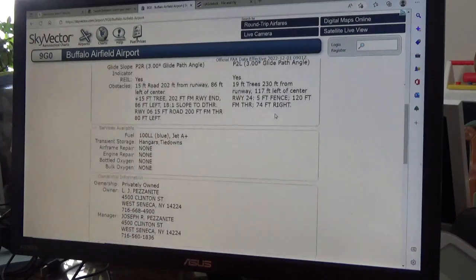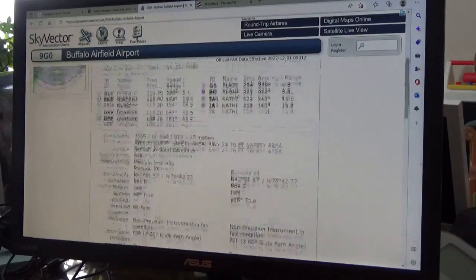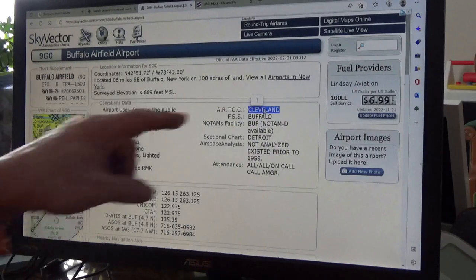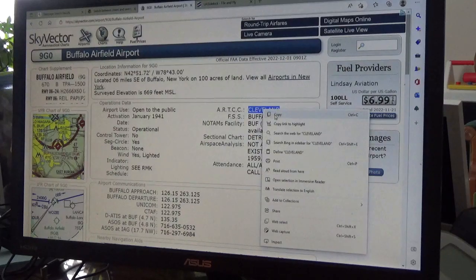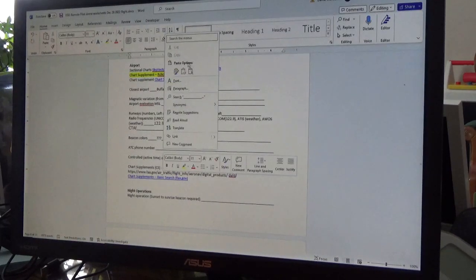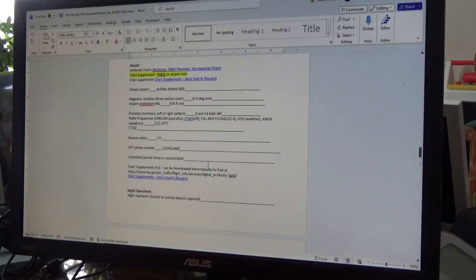Do they have a phone number for Cleveland? No, I guess I'll just put Cleveland. Buffalo flight service, but it's Cleveland, I think, is the air traffic control. There we go.